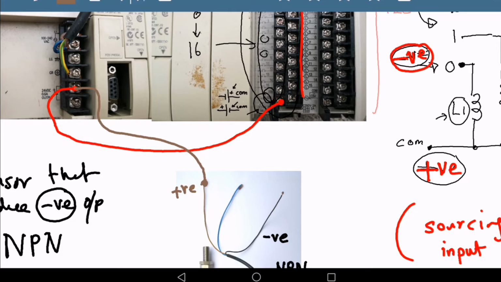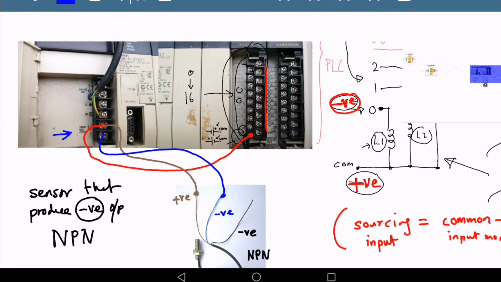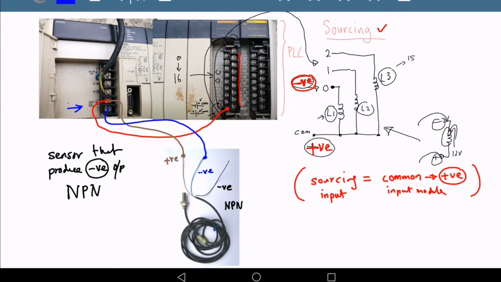Next, the negative for the sensor's power supply: the blue is negative, remember? Now we link the blue to the negative terminal of this power supply. Remember that we talked about the power supply just now. After the connection, we power up the PLC, linking it to 240 volts. The PLC will energize.